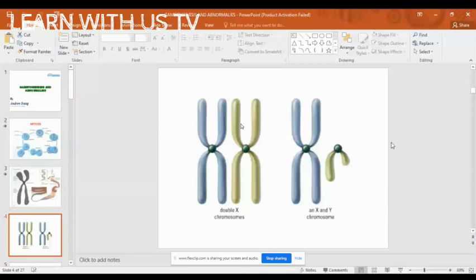I prefer using illustration and drawing to explain so many things. I can talk many things, but with the drawing, everybody can understand. I can summarize it in a very short and clean way. What you're seeing on this slide is the double X chromosome from the female and the XY chromosome from the male. Is that clear?